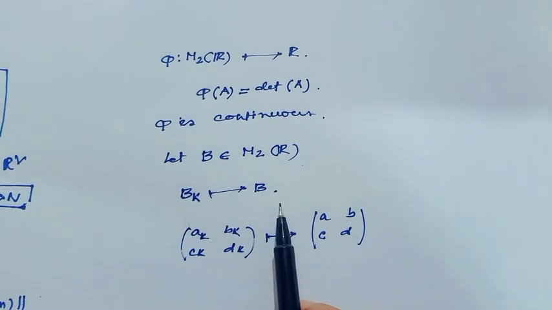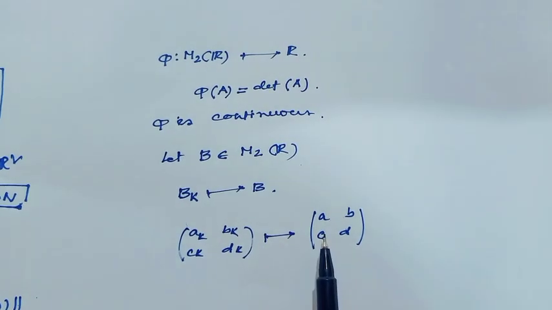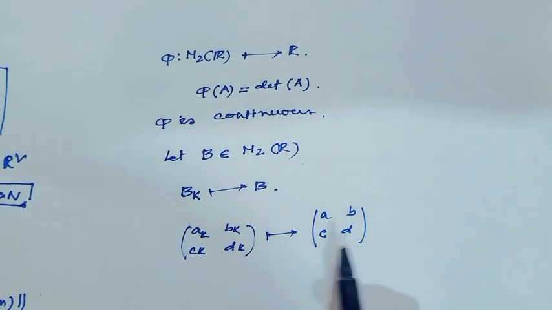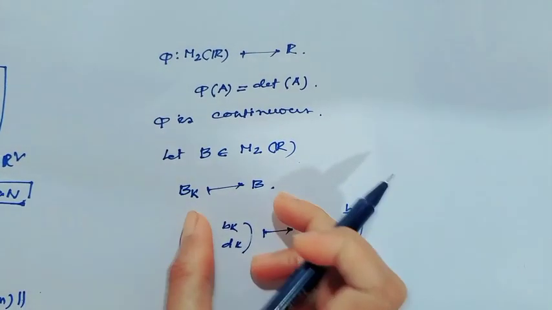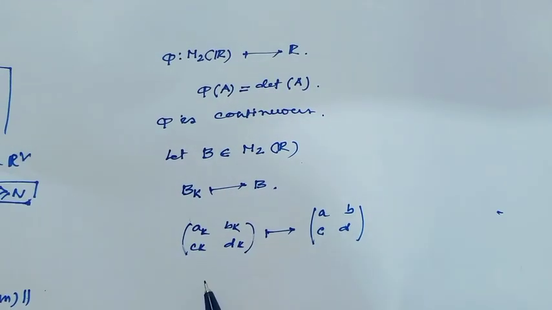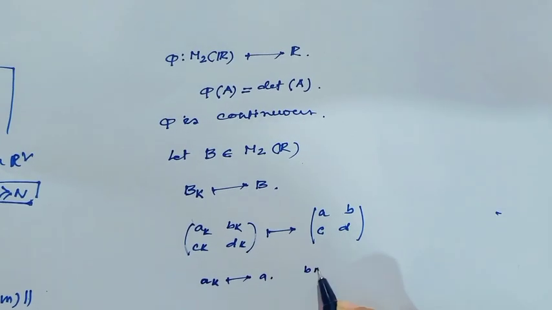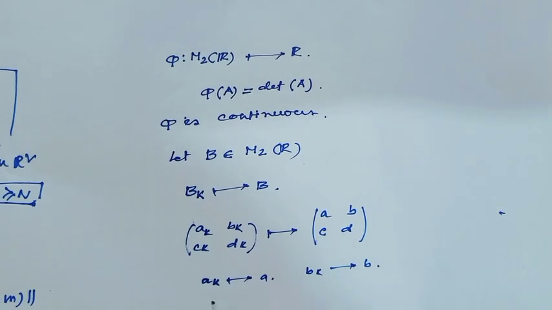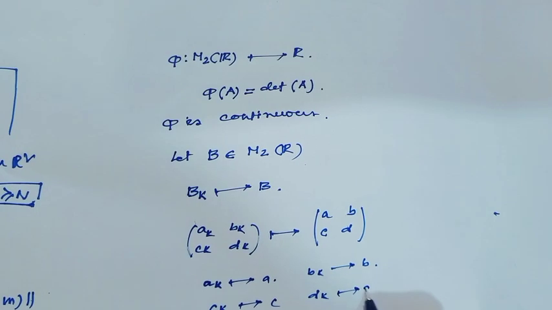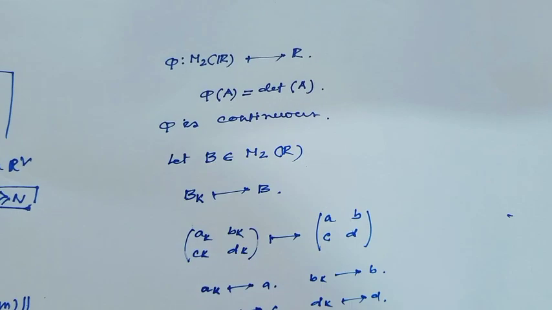Since B belongs to M₂(R), this is the matrix (a, b; c, d). And since Bk converges to B, from this expression we can tell ak goes to a, bk goes to b, ck goes to c, and dk goes to d. We have to prove phi of Bk goes to phi of B.